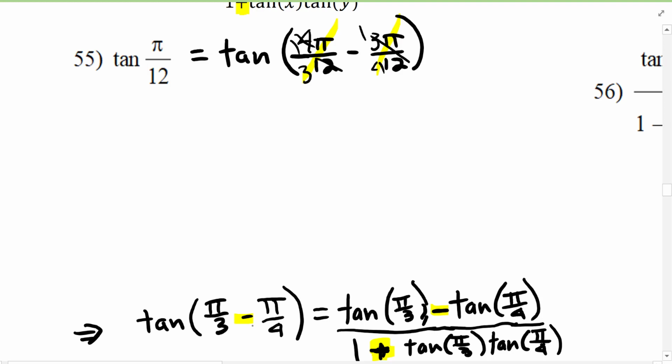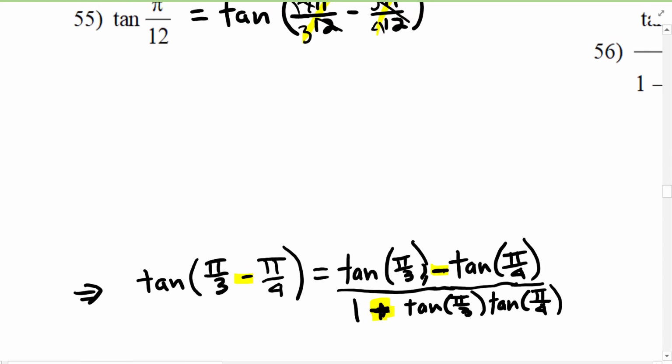So pi thirds subtract pi fourths, and then, so here's our first, here's our second. So tangent of pi thirds subtract tangent of pi fourths. These signs agree. And then since that's a subtract, down here will be a plus sign. Then 1 plus tangent pi thirds times tangent pi fourths.